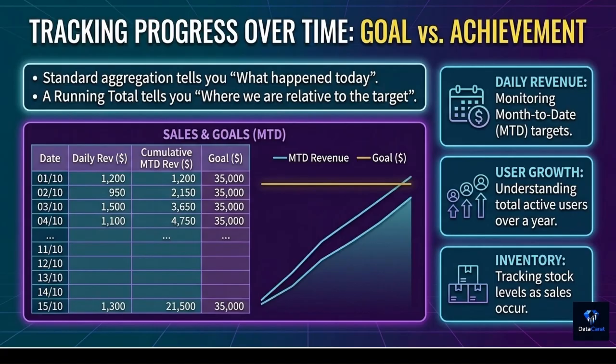If we have a daily revenue target of, suppose, $20,000, seeing just 500 today is one thing. But seeing that we have accumulated over $19,000 so far this month tells us that we are very close to our target. This is the backbone of goal versus achievement charts. It is also used in supply chain management to track our inventory as the stock moves in and out. The running total tells us exactly what is left on the shelf at the moment.